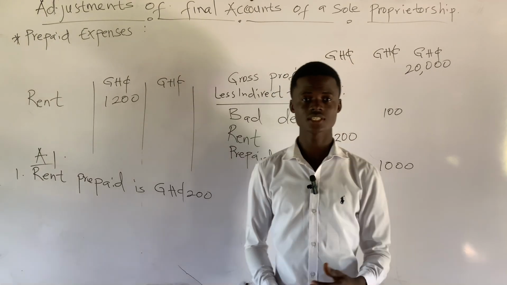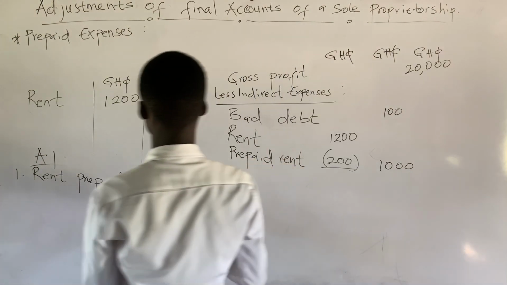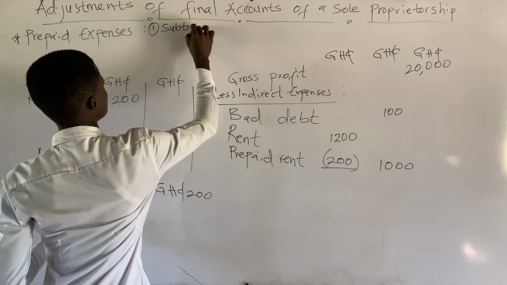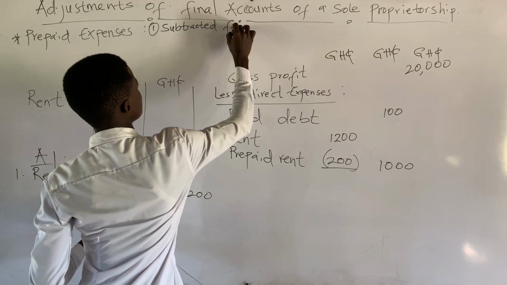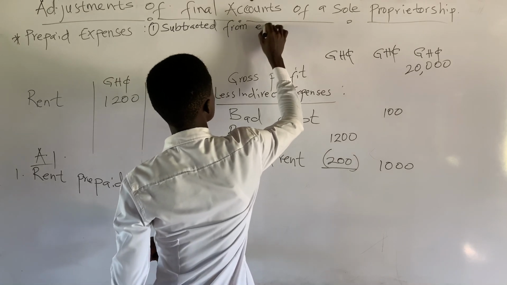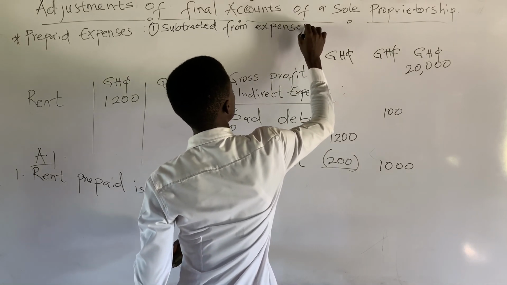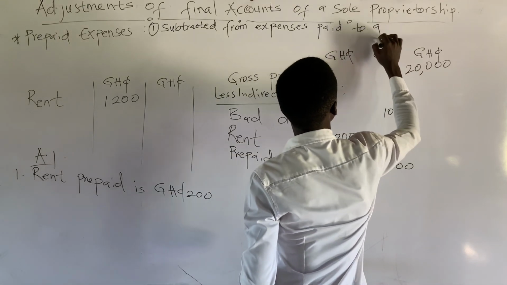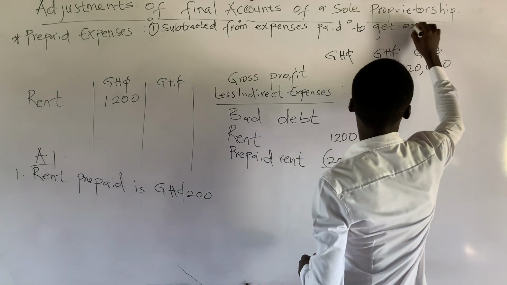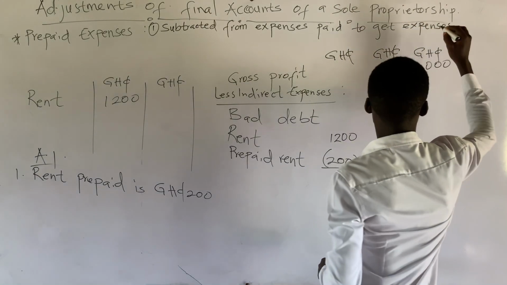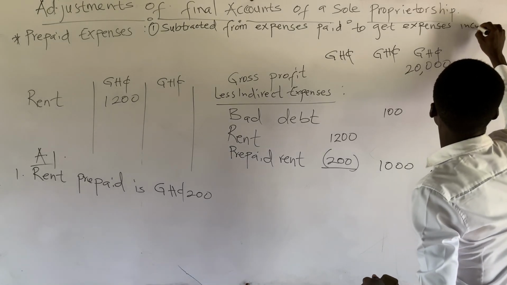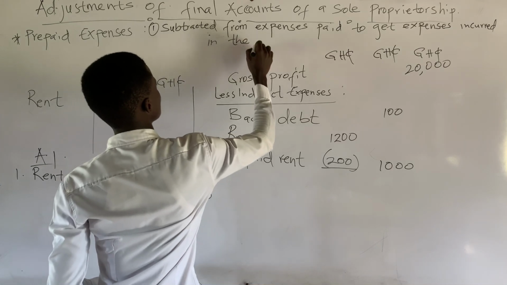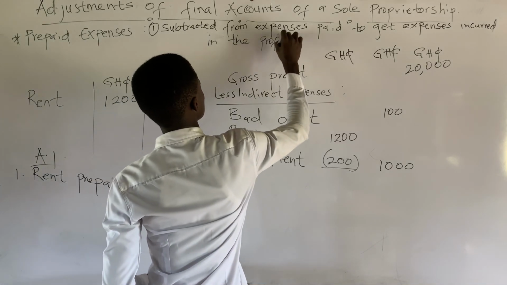So the second treatment of prepaid expenses is that prepaid expenses will be treated as current assets in the statement of financial position. So the first treatment is that it will be subtracted from expenses paid to get expenses incurred in a profit or loss account.